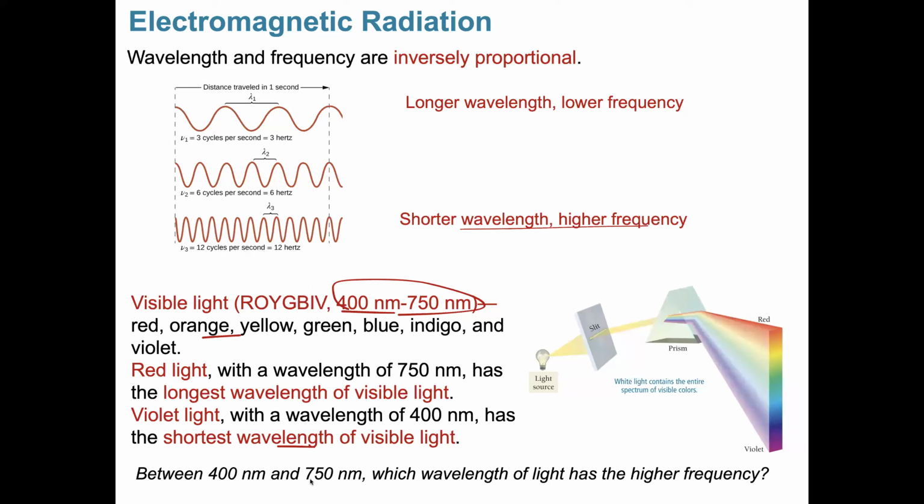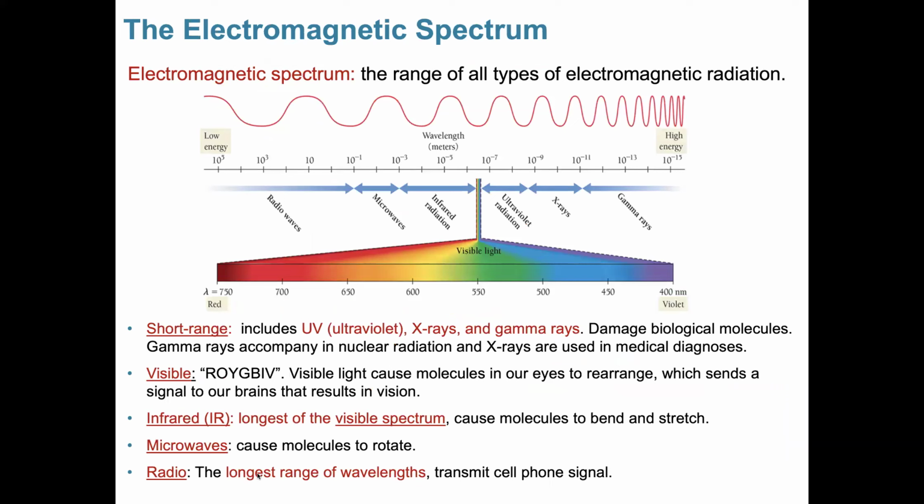Now, between 400 nanometers and 750 nanometers, which wavelength of light has a higher frequency? Keep in mind that longer wavelengths mean lower frequency, and shorter wavelengths mean higher frequency. So 400 nanometers will have the higher frequency. If we put all the ranges of different types of electromagnetic radiation together, it gives us the electromagnetic spectrum.